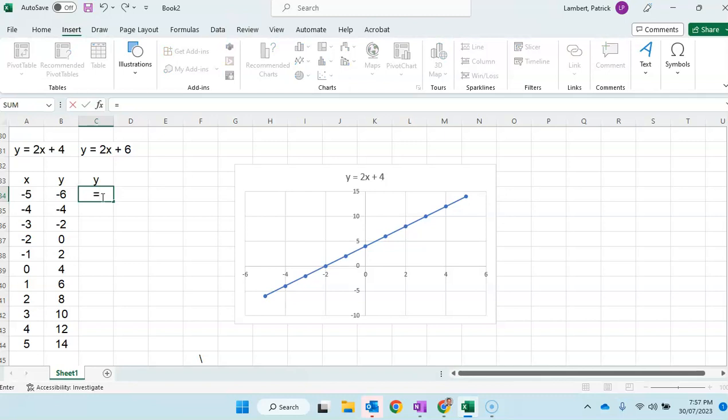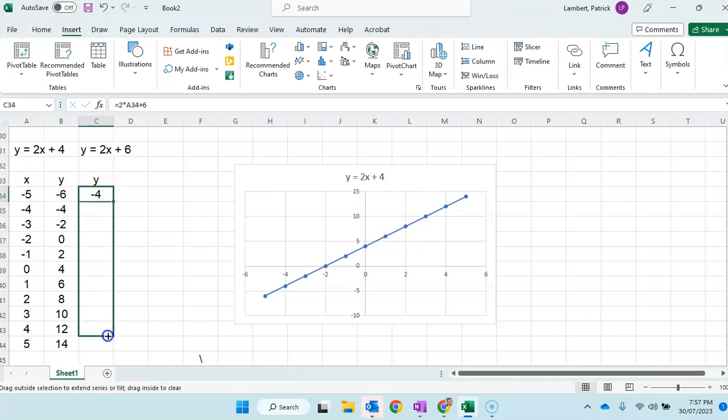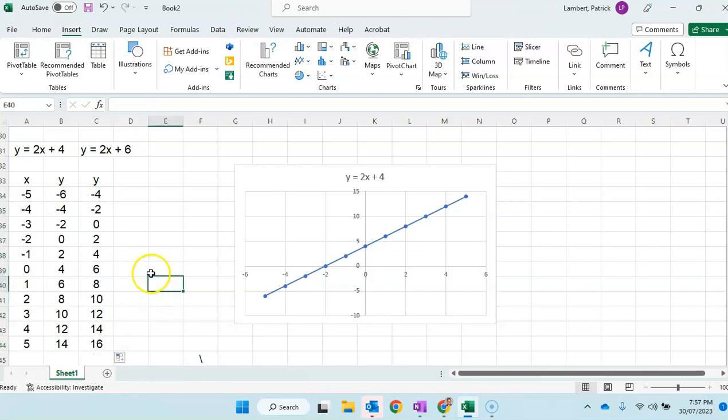So tell it it's a formula. It's 2 times, shift 8, A34, cell A34, plus 6. Whatever is in that cell, that's what it will do. Let's copy the formula down. You'll notice that where x equals 0, y now equals 6.